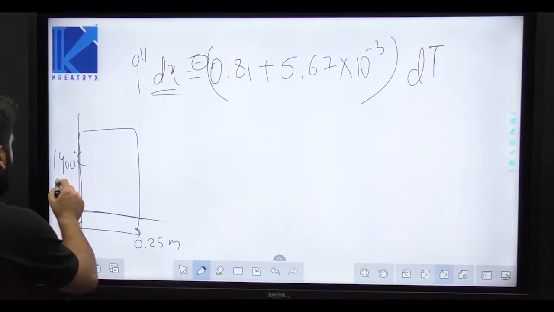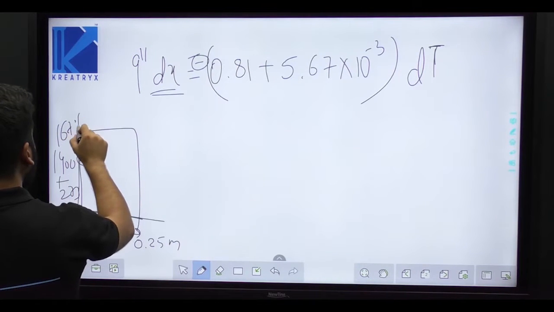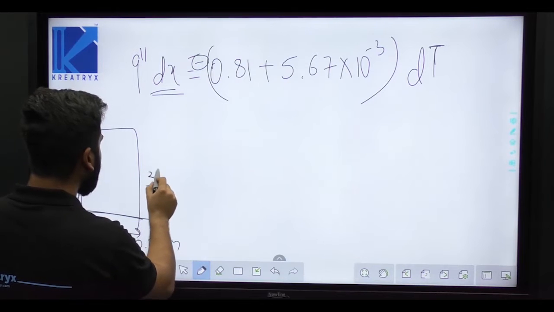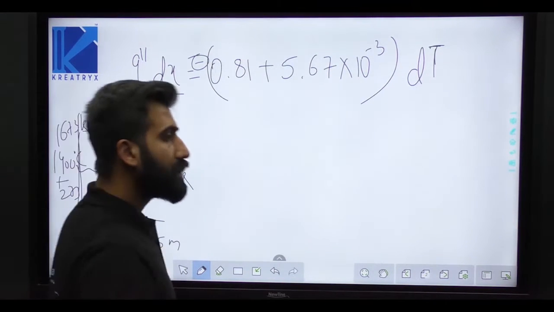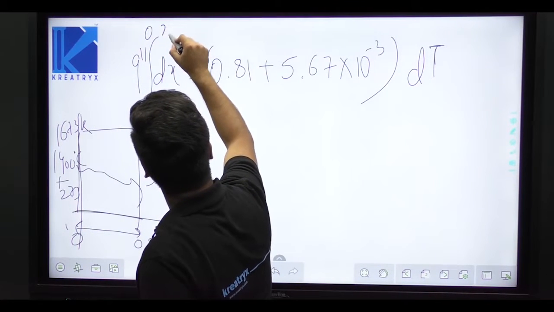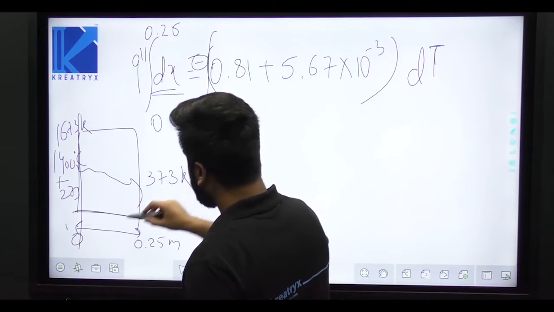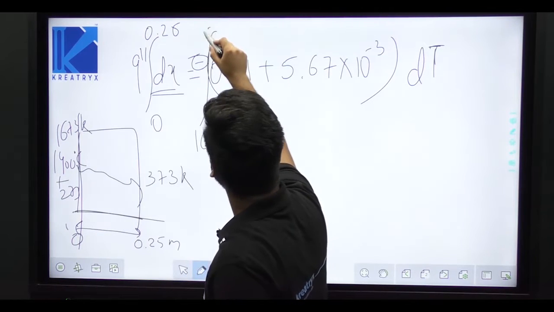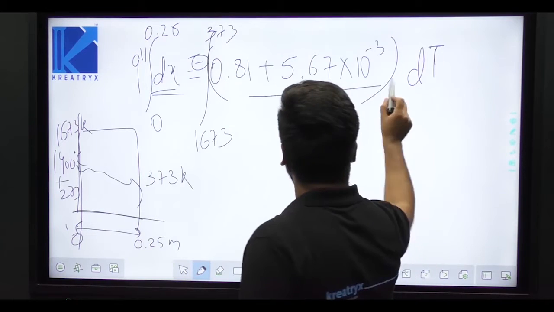So this will be 1400 plus 273, that is 1673 Kelvin, and here it was 100 degrees Celsius, so it will be 373 Kelvin. Heat flows from high temperature to low temperature. So the limits will be 0 to 0.25, and for temperature 1673 to 373. Adjust the negative sign, interchange the limits, and solve this.